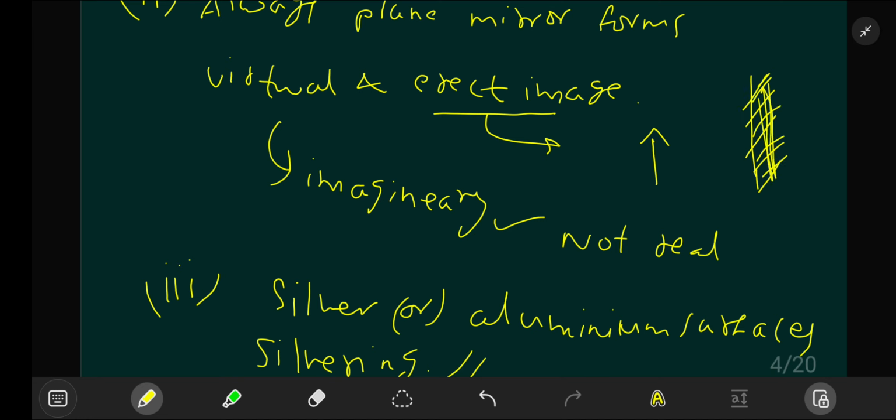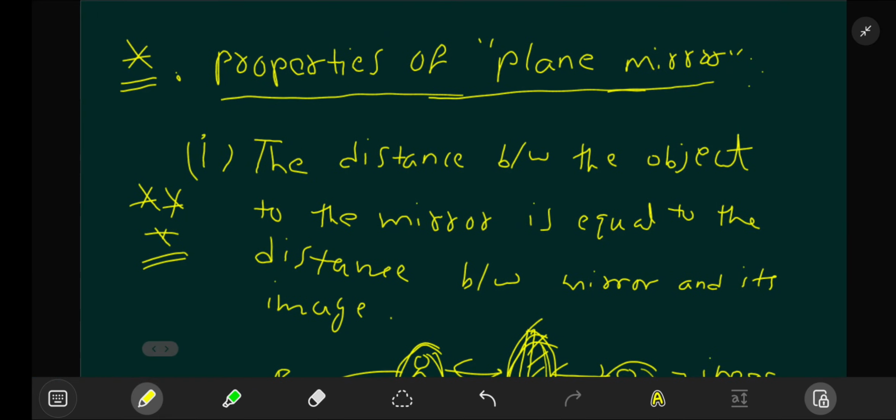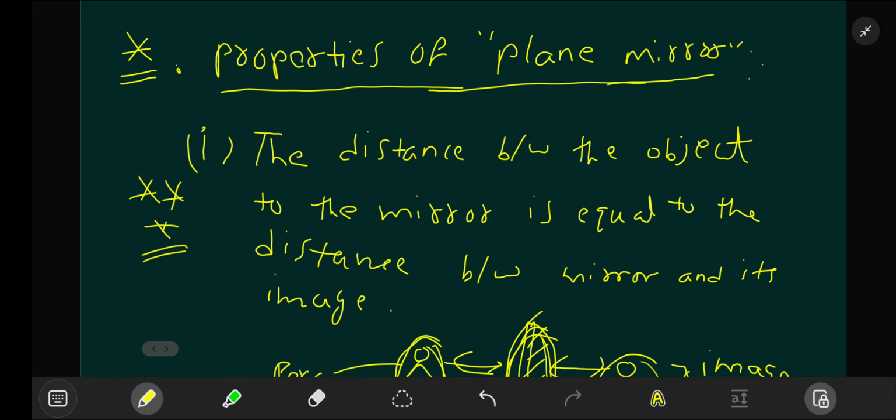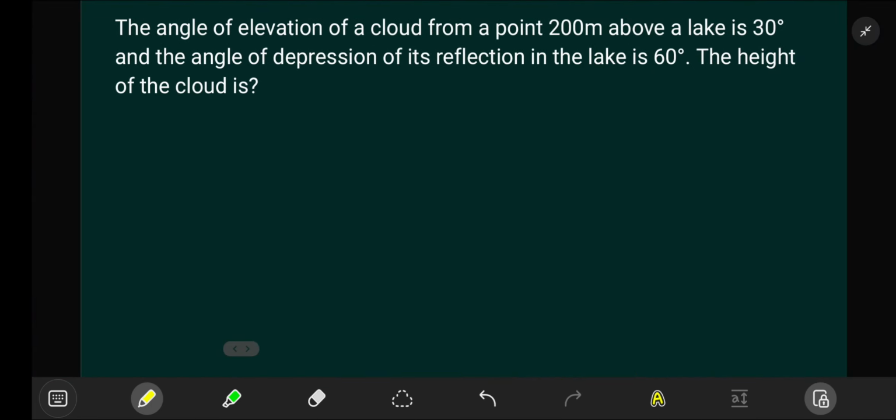This polished surface is coated with silver or aluminum, and the process of polishing the mirror is called silvering. So these are the three points regarding plane mirror. That's it, nothing else about plane mirror.